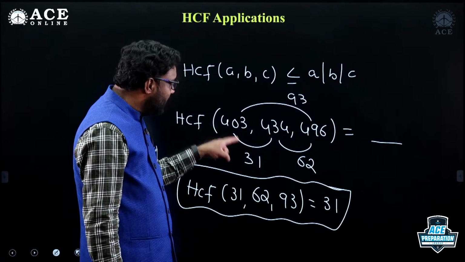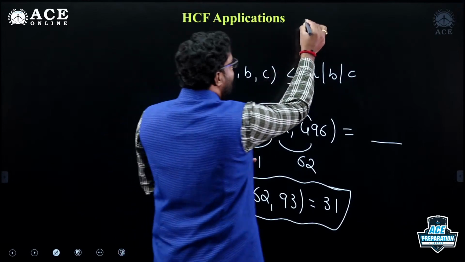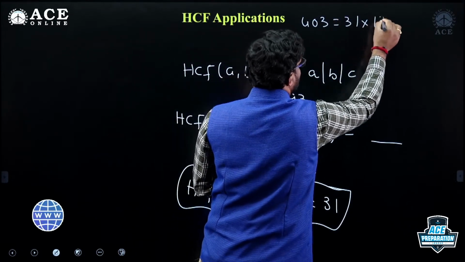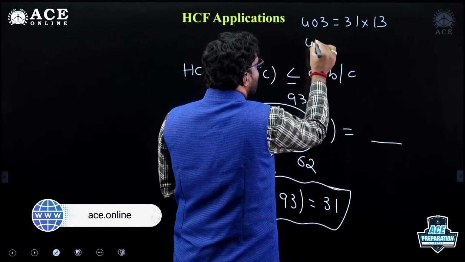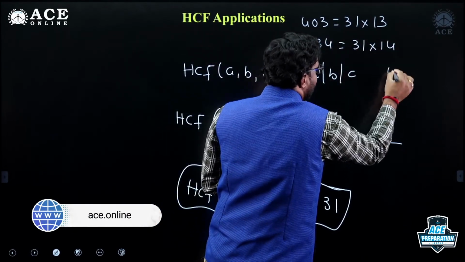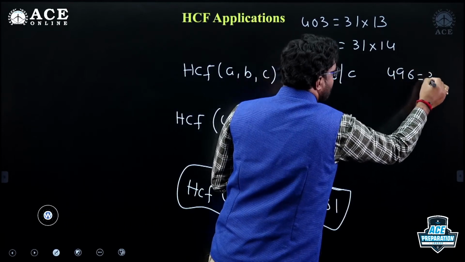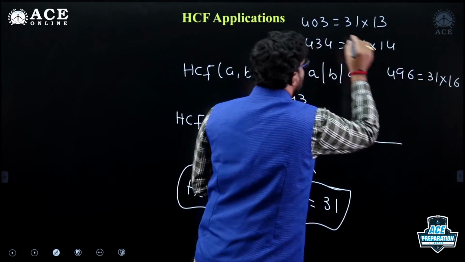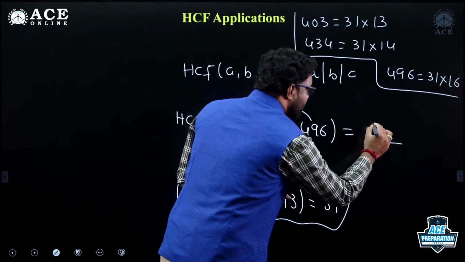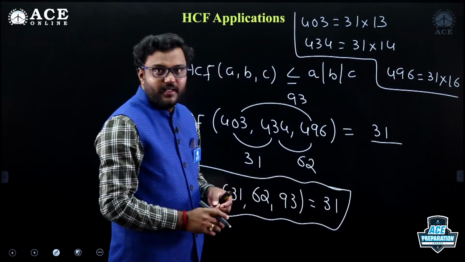Yes, 403 is 31 thirteen times, so 403 we can write as 31 into 13. 434 is 31 into 14 and 496 is 31 into 16, my dear friends. Every number we can write as a multiple of 31. Yes, HCF is 31 for this.